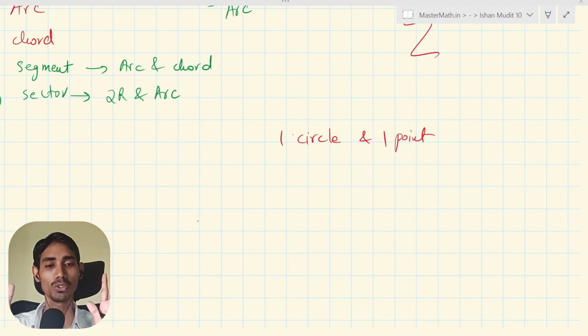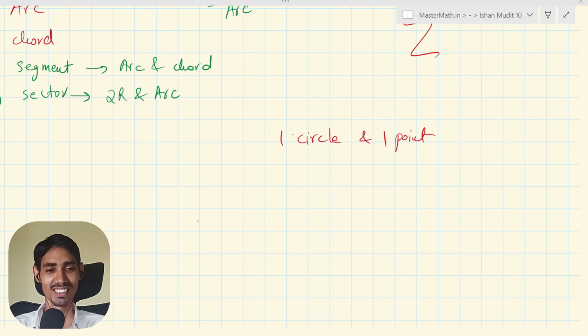So what possibilities do we have for 1 circle and 1 point? It can be inside, it can be outside, it can be on the circle.